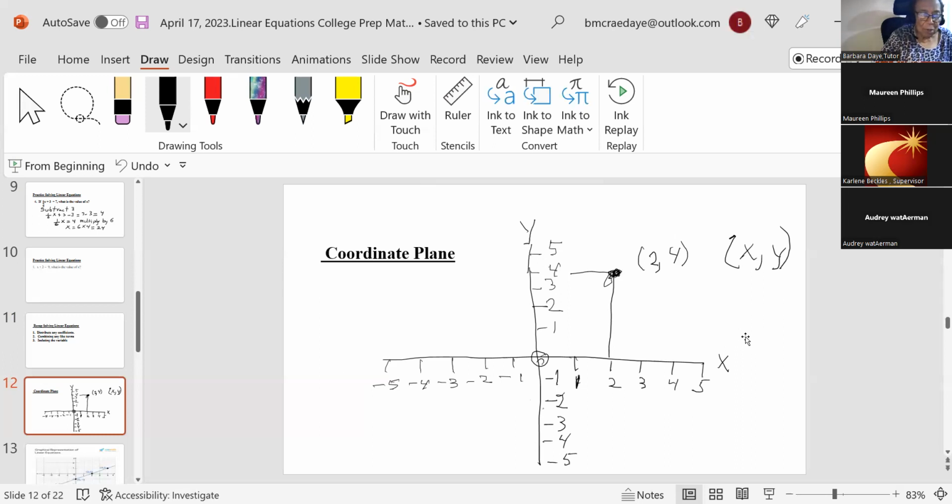Let me give you another point. Suppose the point was right here. What's the x value? What's the y value? You tell me the x. What's the x?